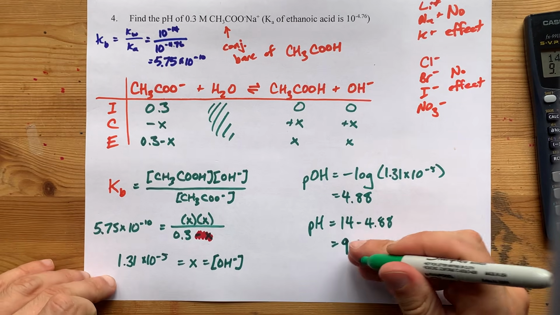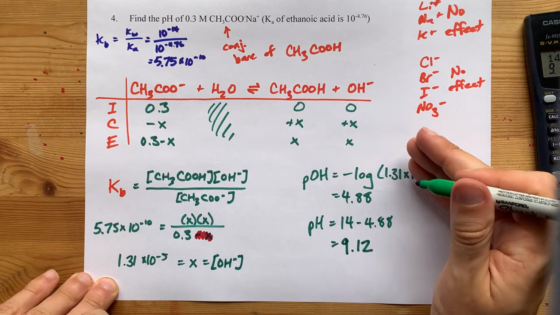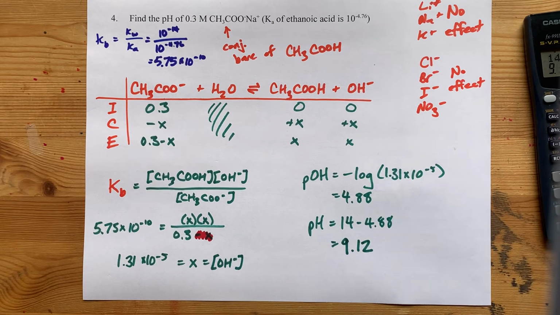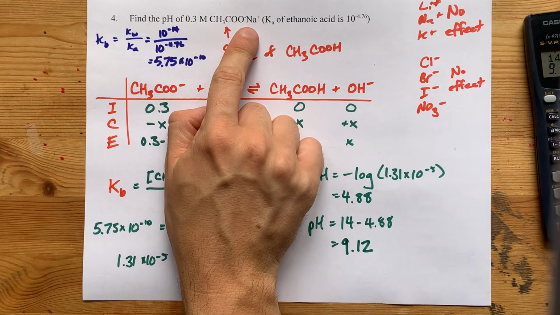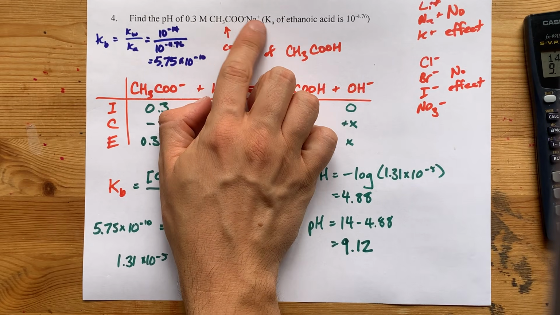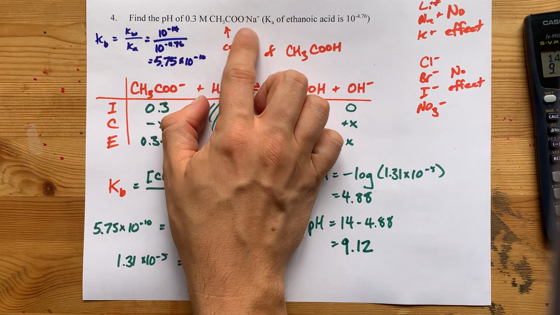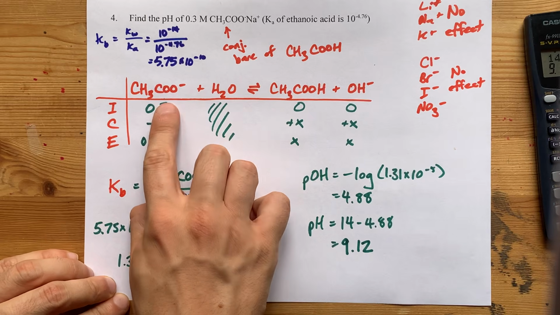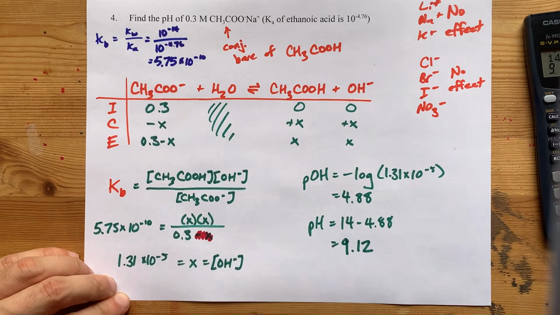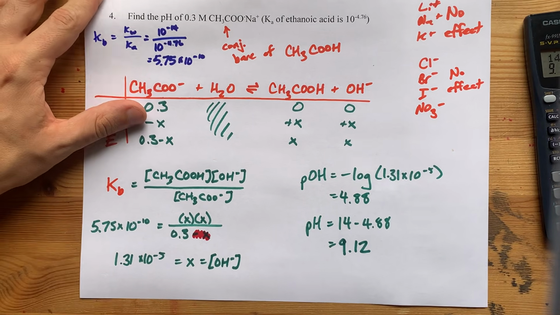It's only a couple units, or well, I guess orders of magnitude above neutral, or 7. There you go. Note that there was no H plus or OH minus added directly to solution here. It was the conjugate base stealing H away from water that gave you OH minus.